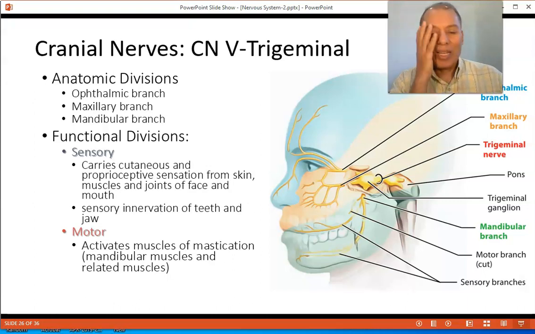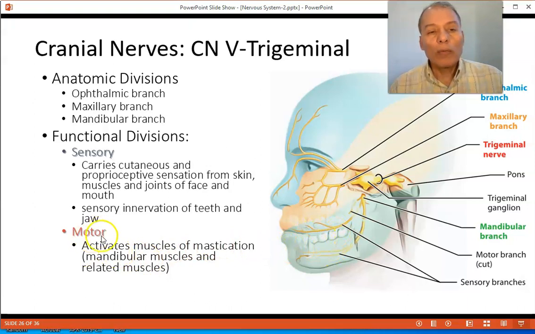It provides sensory innervation for the teeth and jaw. It sends the information from there so you can feel pain and so on, or pressure.